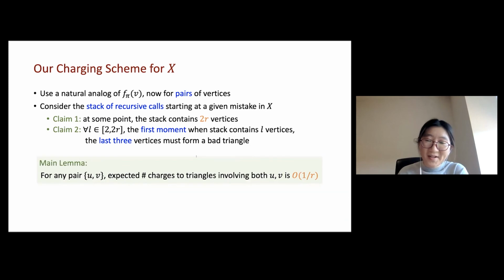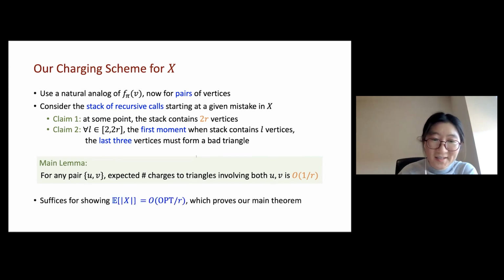And our main technical lemma says that for any pair of vertices, the expected number of charges to triangles involving both vertices is on the order of 1/R. And this is sufficient for showing that X has expected size O(opt/R), which in turn proves our main theorem.